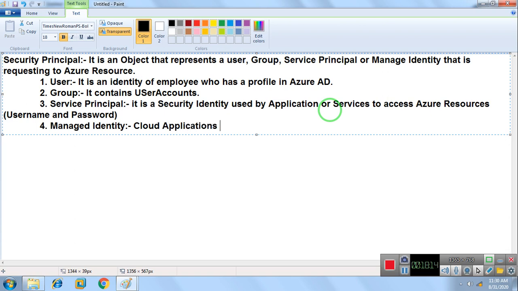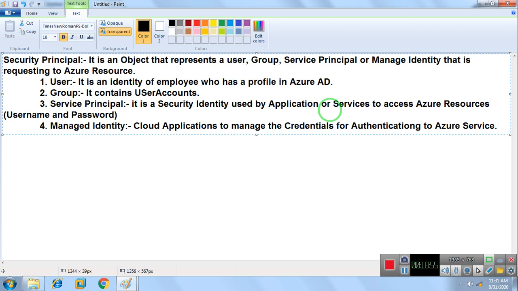Cloud applications manage credentials for authenticating to Azure services. So a managed identity is an identity in Azure AD that is automatically managed by Azure.